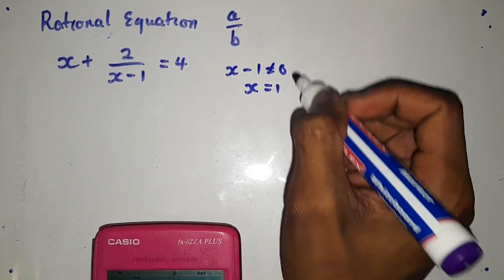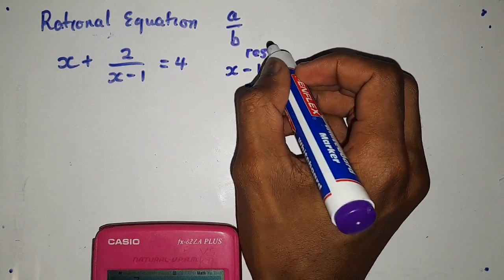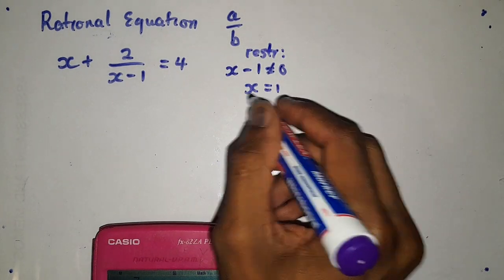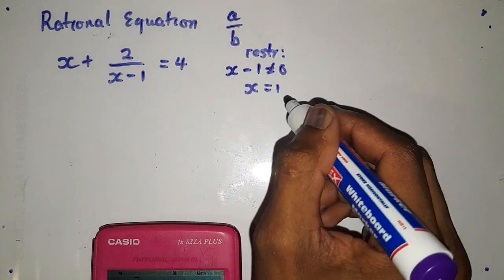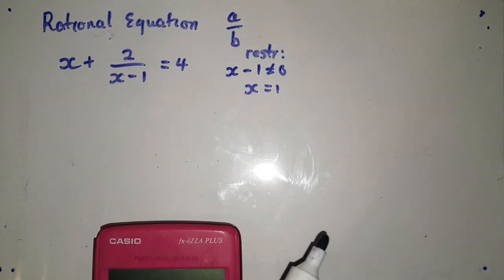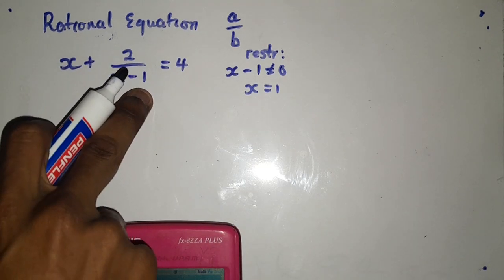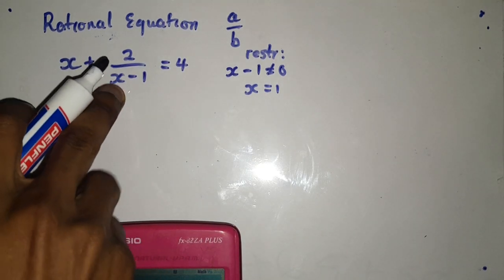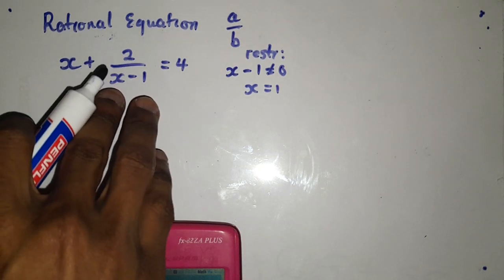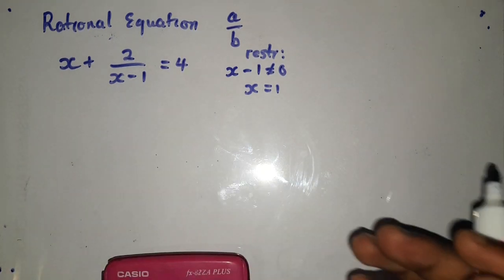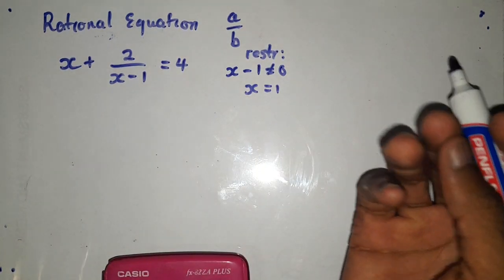This is our restriction: x should not be 1. Why? Because if we substitute 1 where we see x, we get 0, and eventually this thing is going to be undefined. That's the first thing, to figure out the restriction.